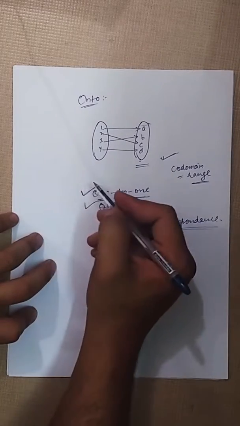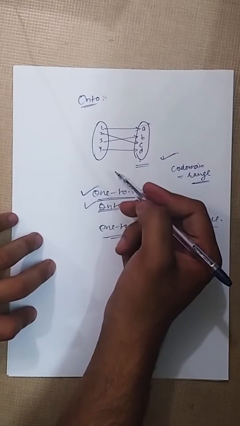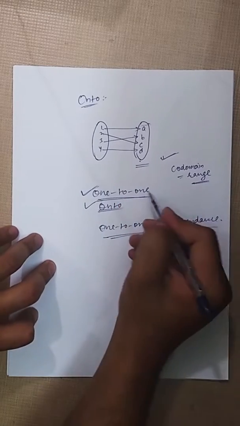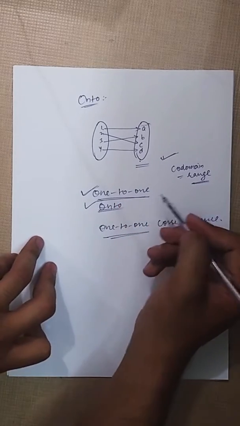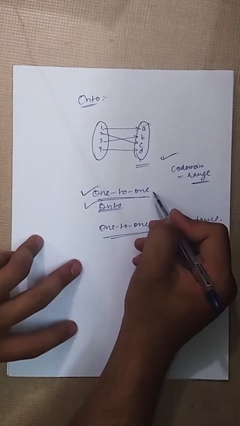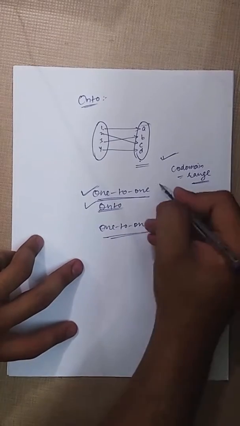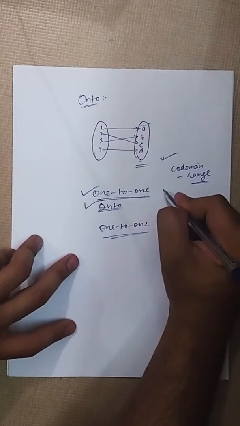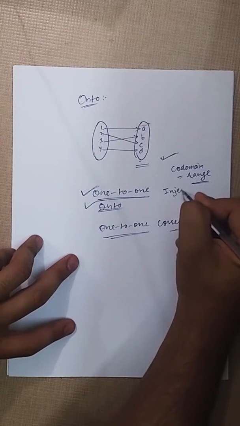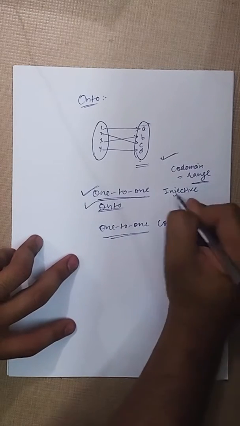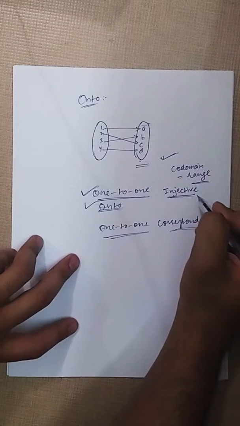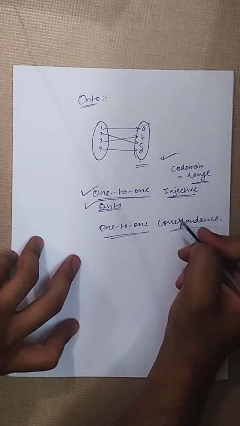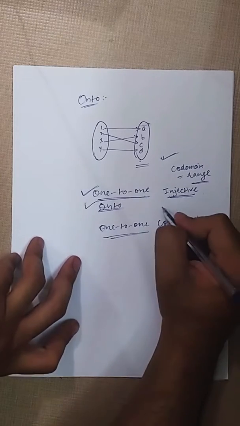There are some very typical words which are given to these. A one-to-one function is referred to by the word injective. You have to remember it. An onto function is called surjective.